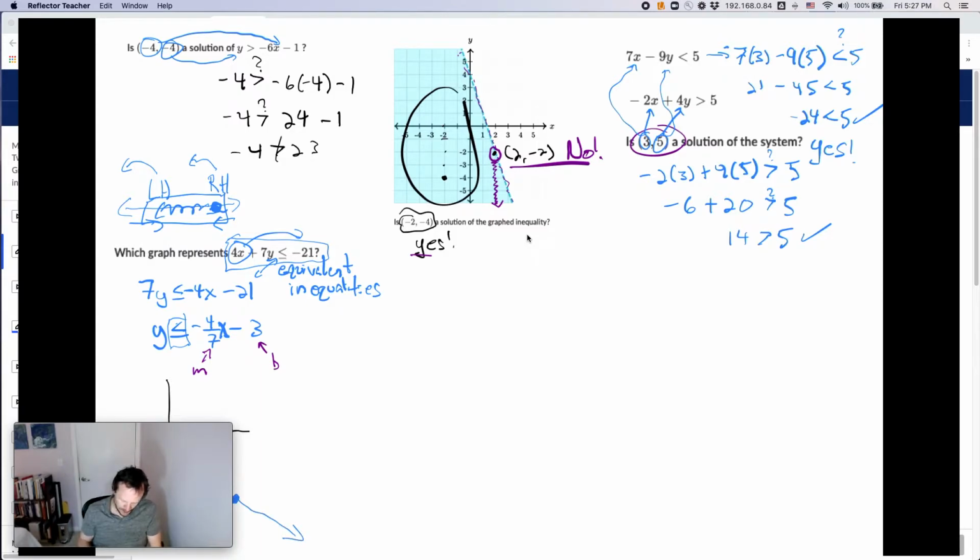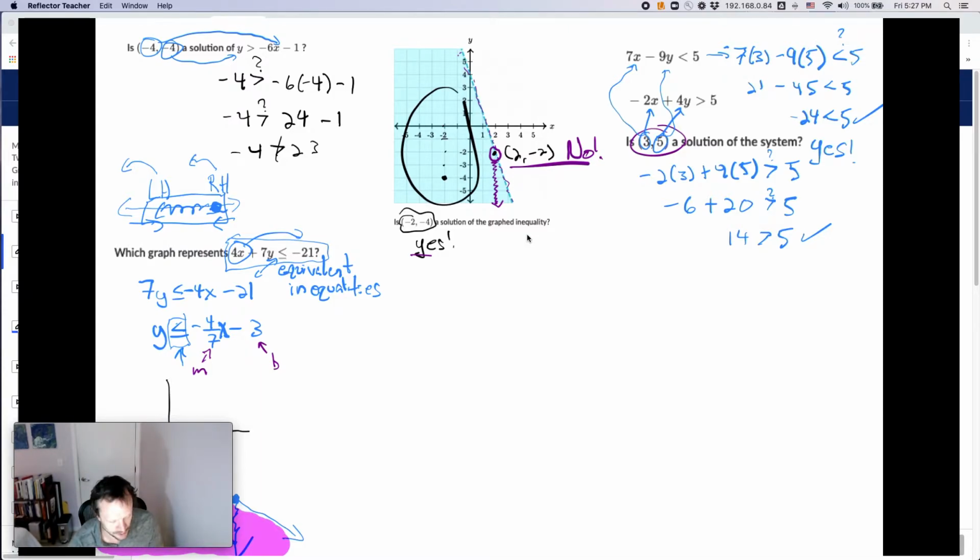And now do we shade above the line or below? Since this is less than or equal to, we're thinking about number lines going down, and we're shading below the line. So that region, the pink region including the line.